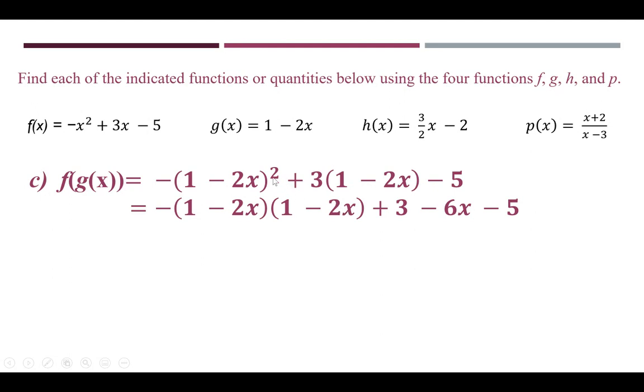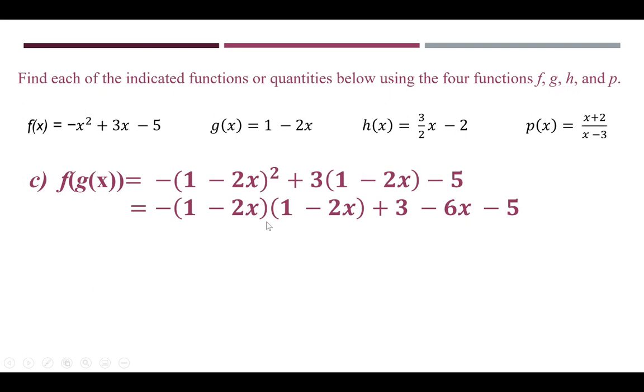And we don't simply square each term. I did go ahead and distribute the 3 to the second set of parentheses. 3 times 1 is 3, and 3 times minus 2x is minus 6x. It's important here to write neatly and show all of your steps so that you don't mess up.